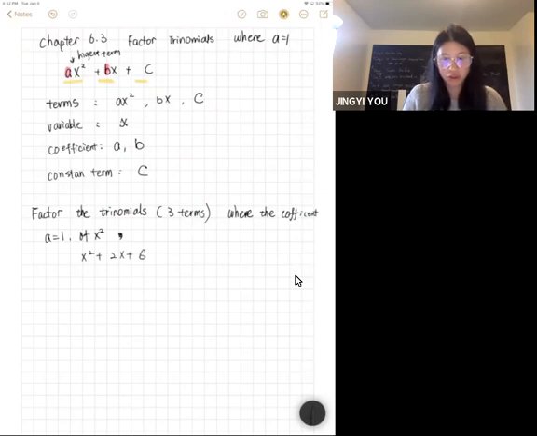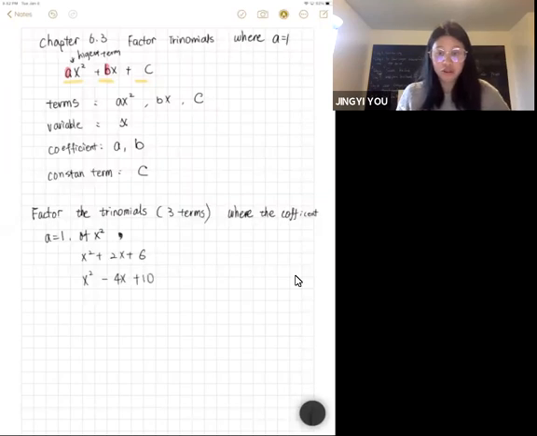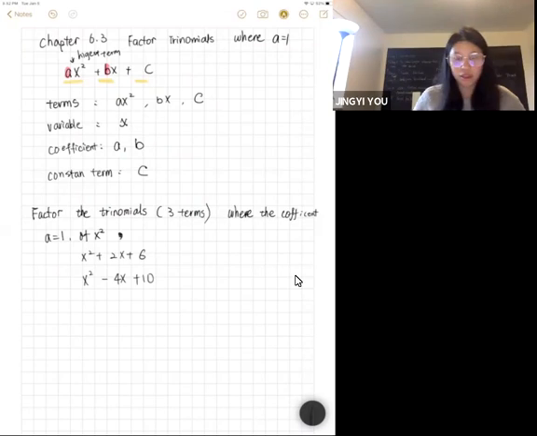These are trinomials with the coefficient a equals 1. Or x squared minus 4x plus 10. These are other trinomials with the coefficient equal to 1. Okay?